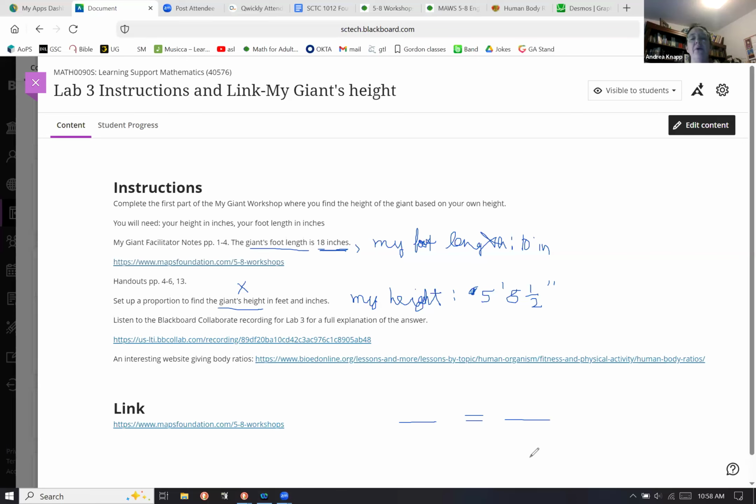So for example, if we wanted to do foot length to height, we could say the giant's foot length is 18 inches, so the giant's height is X. Then what would I put on this side to keep it corresponding?